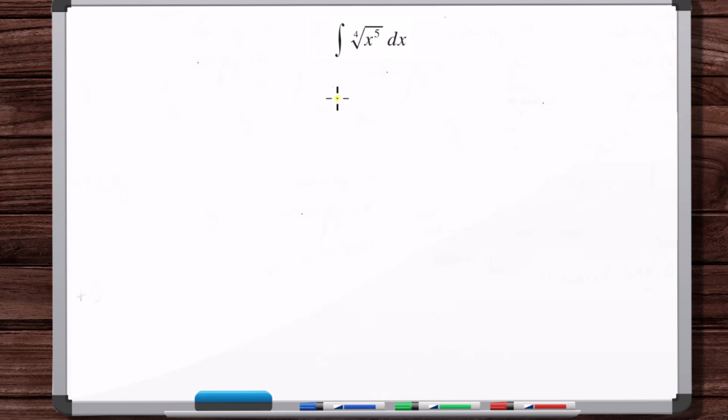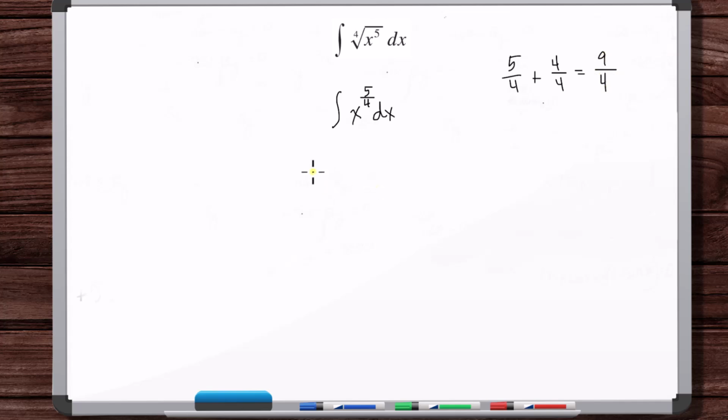Okay, so we can write this as x to the 5/4 dx. And so now we just use the power rule for integration. So what is 5/4 plus 1? That's plus 4 over 4.